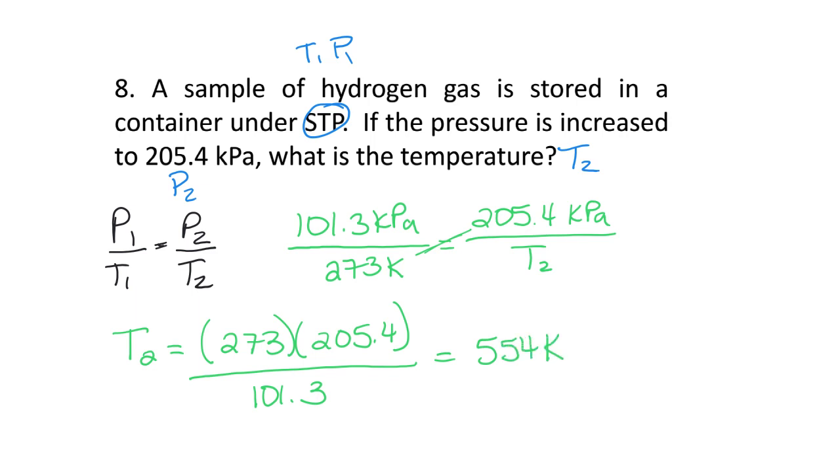Now, because I did not ask you for the temperature in Celsius, you can leave it at Kelvin. But if this was a test, your multiple choice answers would probably be Celsius. So I'm going to go ahead and convert this to Celsius. So minus 273 gives you 281 degrees Celsius. Either answer is correct for the study guide part anyway.